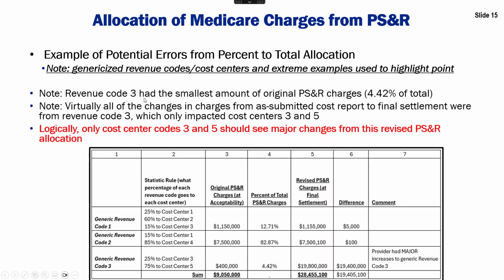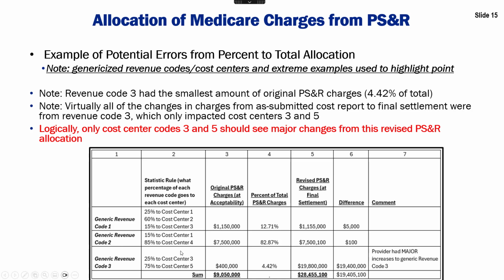Now, those were real revenue codes and real cost centers. To drive this point home, because there's a lot to talk about here on why this matters, and to simplify it as much as we can, I tried to use generic revenue codes, in other words nothing real from the PSNR, and generic cost centers.